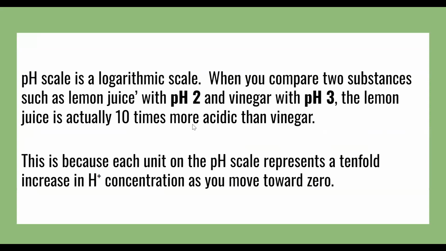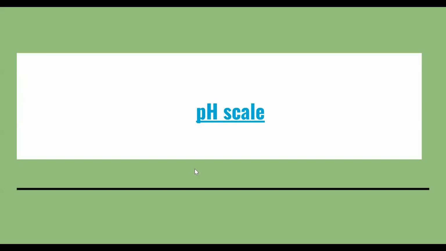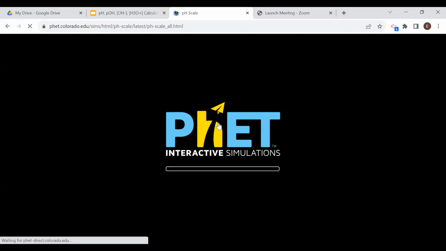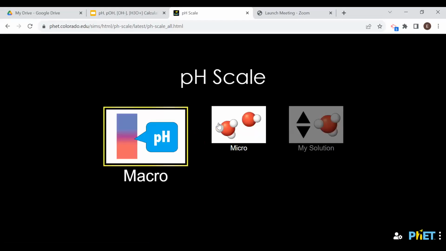When you compare two substances such as lemon juice with pH 2, which I'll show you, and vinegar with pH 3, the lemon juice is actually 10 times more acidic than vinegar. This is because each unit on the pH scale represents a 10-fold increase in hydrogen ion concentration as you move towards 0. So let's look at this.